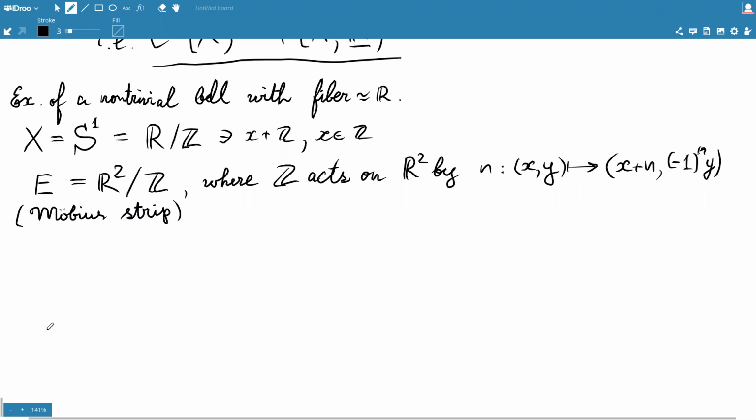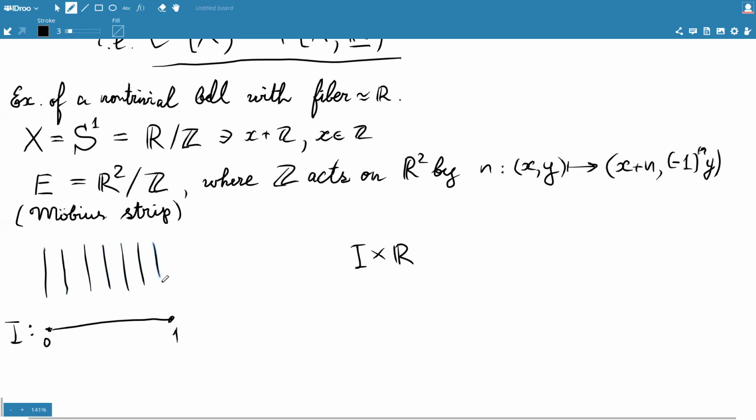Möbius strip. This means a vector bundle which is obtained this way. If you take a unit interval, say 0 to 1, and multiply it by R, take a direct product I times R, then you will obtain a trivial bundle over I. So this is a trivial bundle.